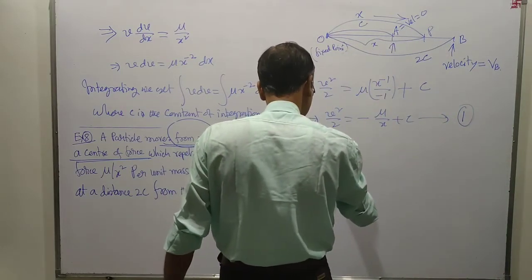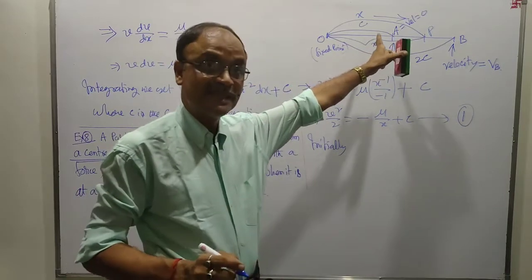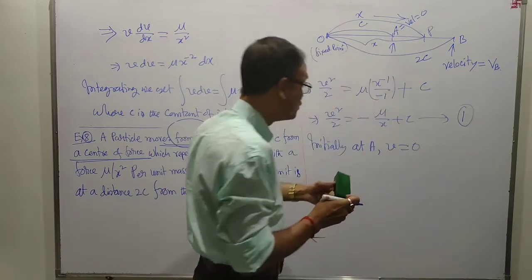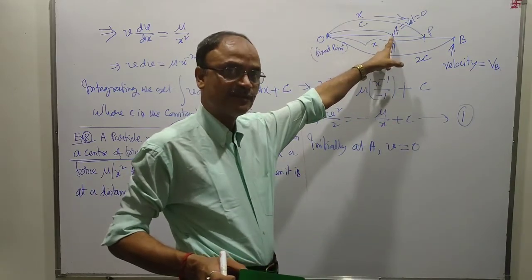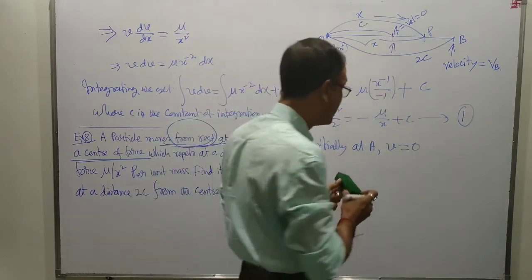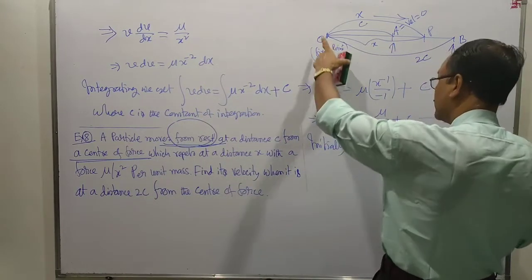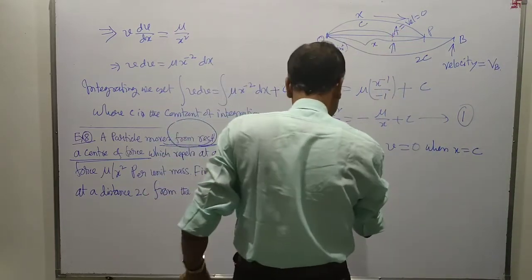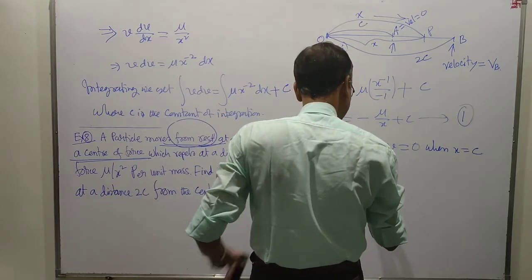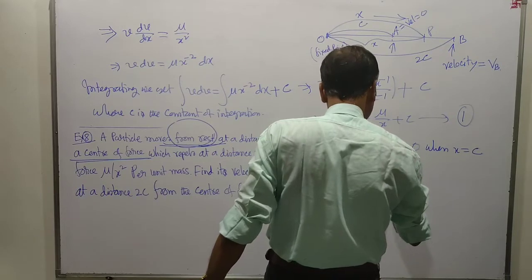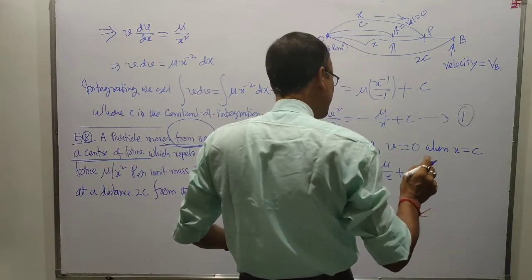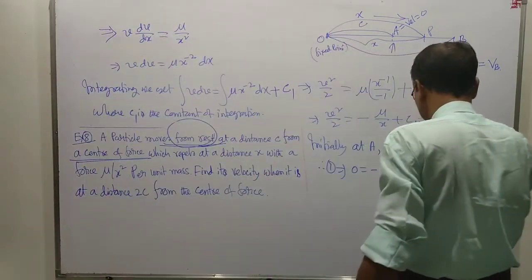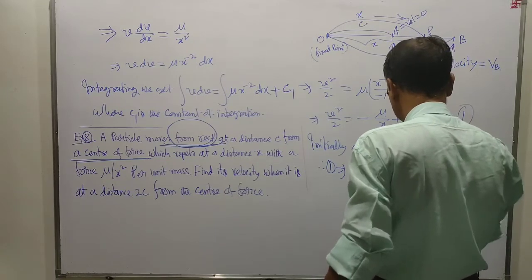Initially the particle was at A. At A, the velocity was 0. The particle starts from A, so the velocity of the particle at A equals 0, when x equals c, this distance was c. Therefore, from 1 we get 0 equal to minus mu by c plus C1, where C1 is the constant of integration.